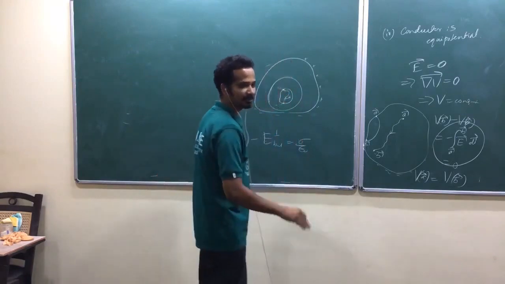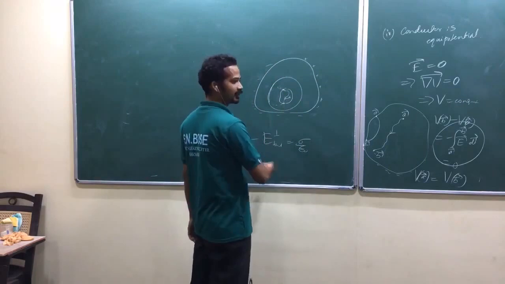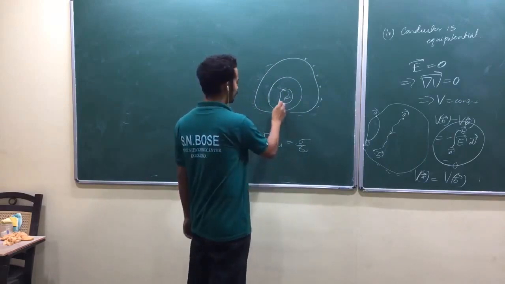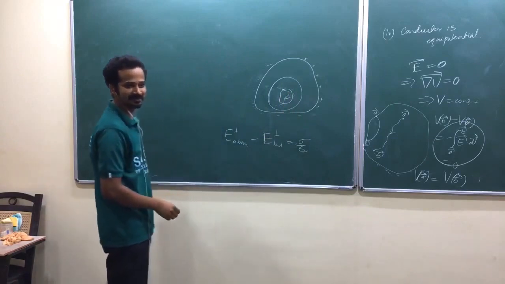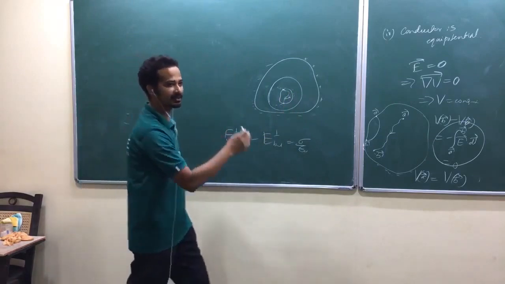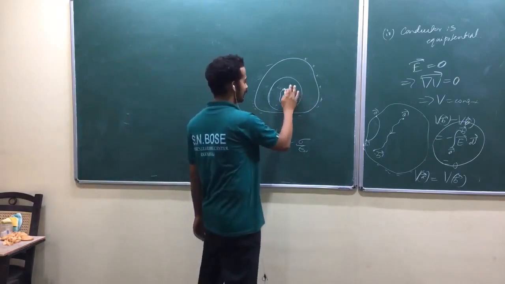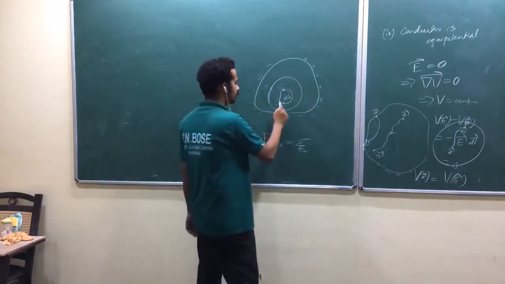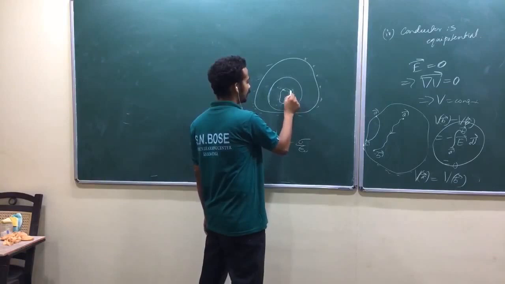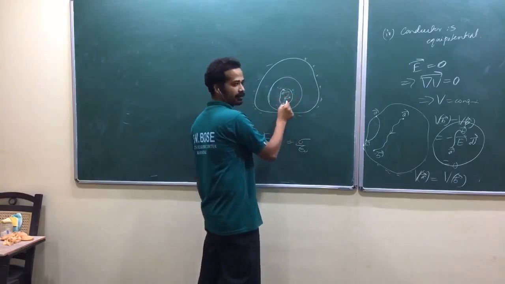Now extend your argument. Don't stop here. Why can't there be some negative charge, some positive charge? Again, try to argue. Okay? If there is negative charge and positive charge here, then from positive to negative there will be an electric field.